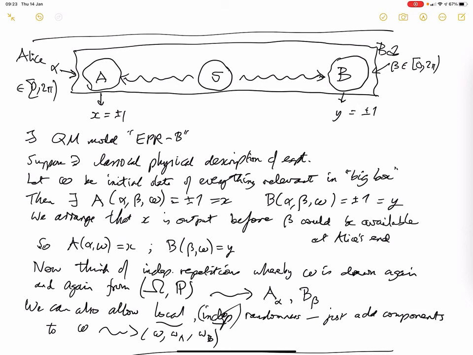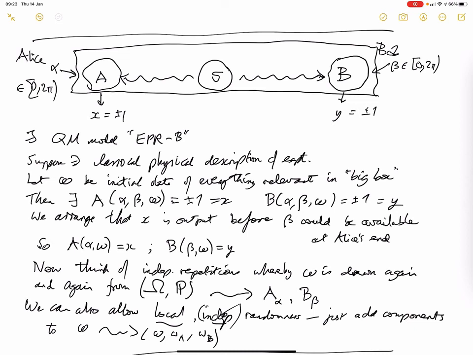Now, when we do this experiment in the lab, we take good care that that little x gets ejected out of the machine, printed on a piece of paper with plus or minus 1 printed on it, so fast after Alice has inserted alpha into the machine, that there's no way that Bob's choice, beta, could have influenced it.